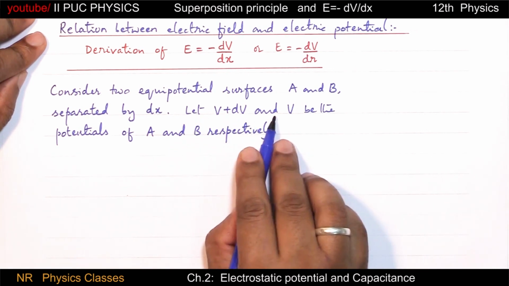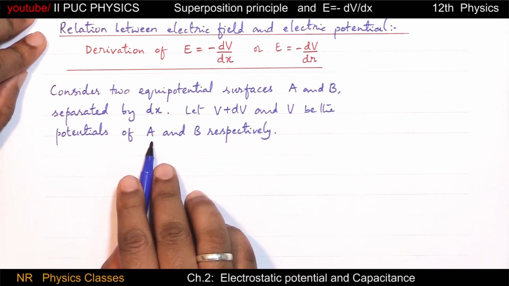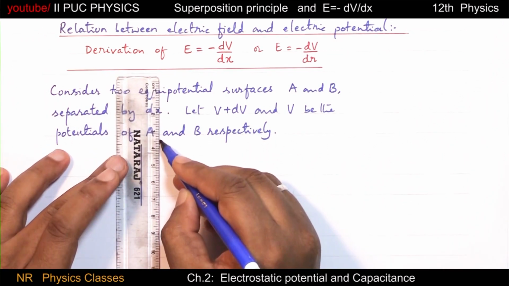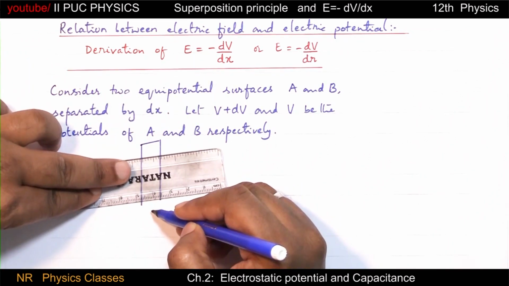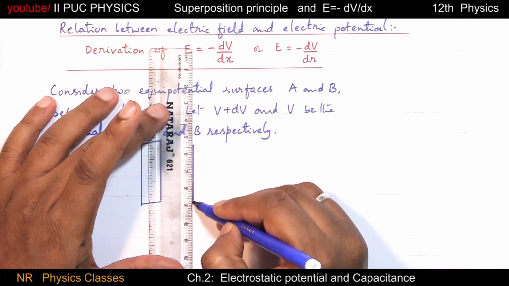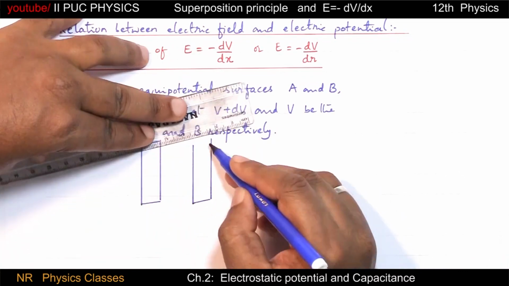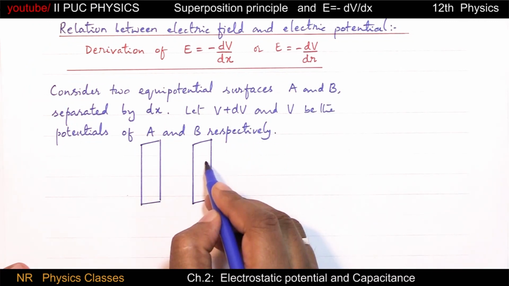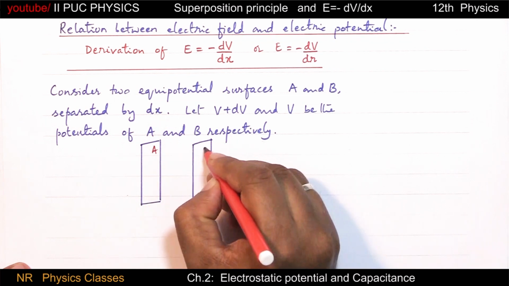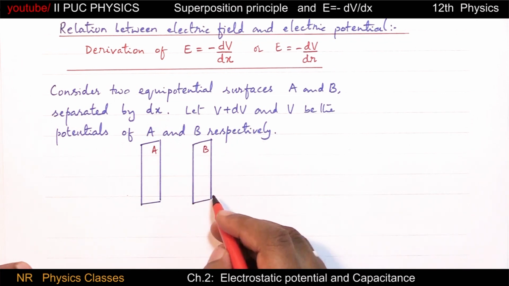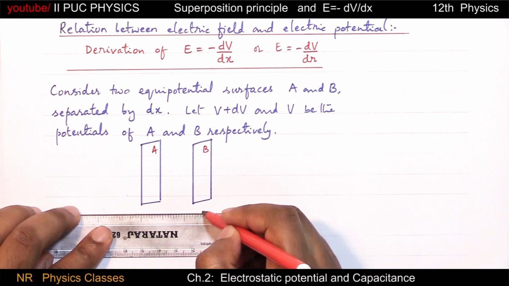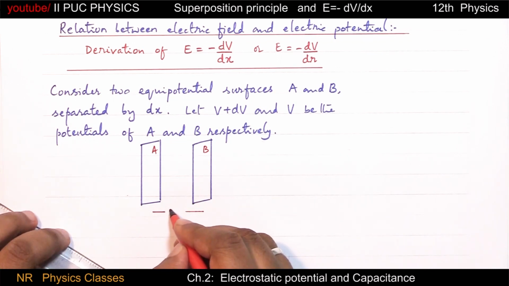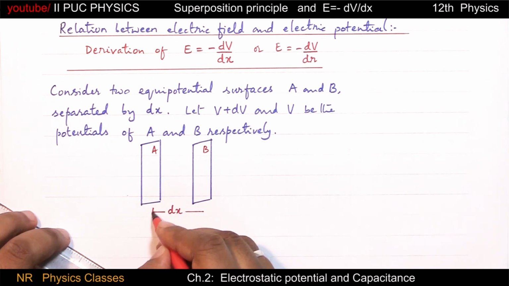These are two equipotential surfaces A and B. These two are separated by distance dx.